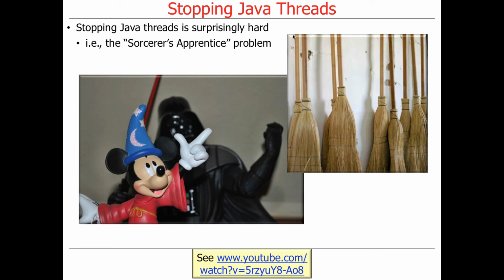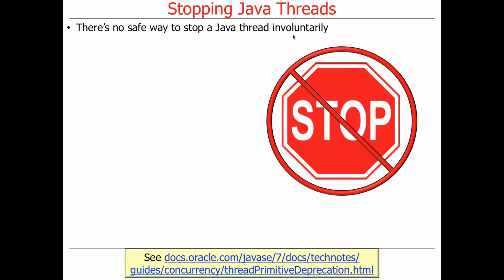If you watch the clip, you find out that the brooms start to multiply and he takes an axe to them, but they keep coming and keep coming. The point of the whole thing is that setting things in motion is sometimes harder than stopping them, right? And that's really true with threads. So I call that the sorcerer's apprentice problem. It turns out that there's no safe way to stop a Java thread involuntarily. You cannot tell a thread to stop. You have to request it to stop.